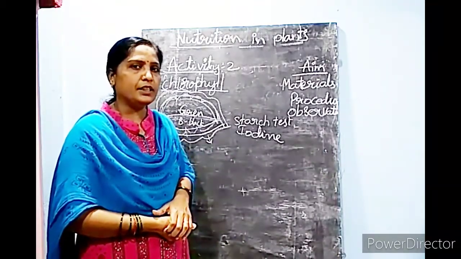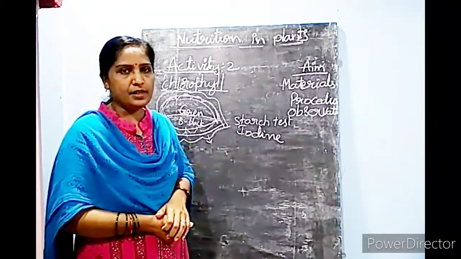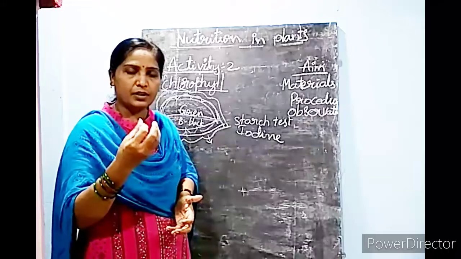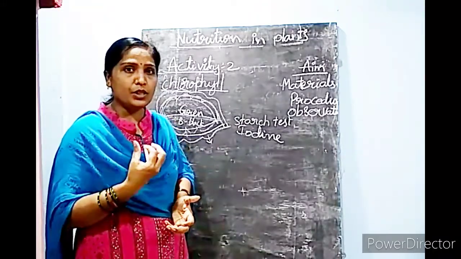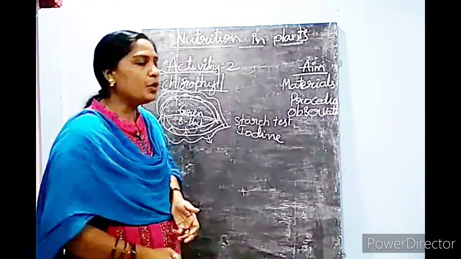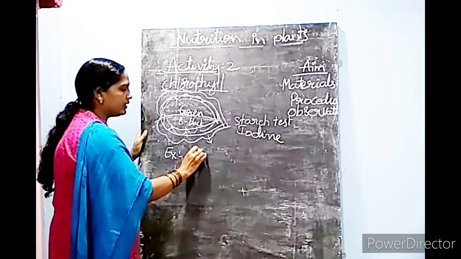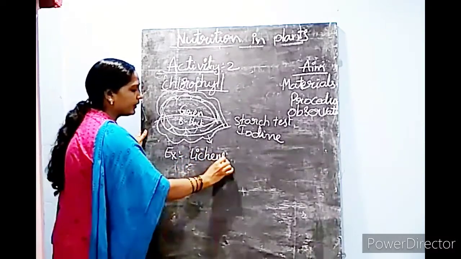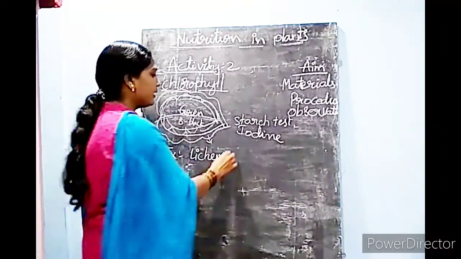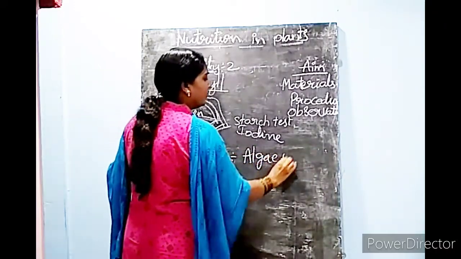Very good, children. And yesterday you learnt about symbiotic plants, right? With the help of rhizobium plants, I explained how the symbiotic relation takes place. And one more example for symbionts, children, is lichens. Lichens are the combination of algae and fungus.